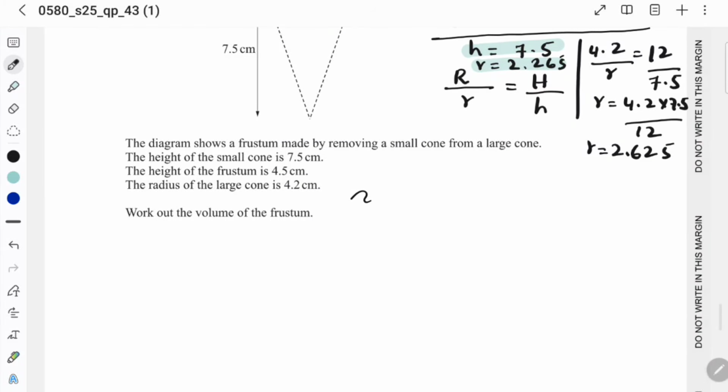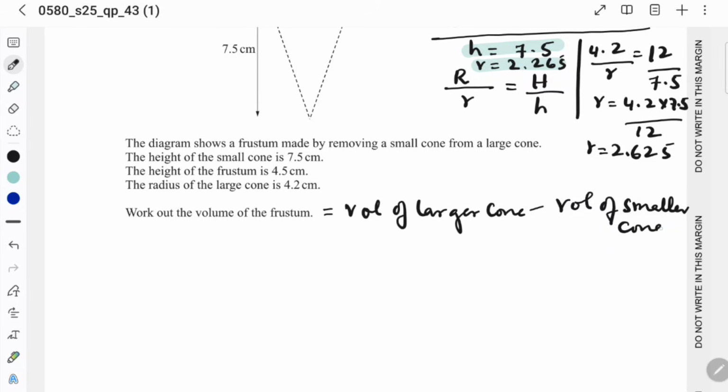So the volume of the frustum is equals to the volume of the larger cone minus the volume of the smaller cone. So 1 upon 3 pi r square h is the formula. So volume is equals to 1 upon 3 pi r square h minus 1 upon 3 pi r square h.